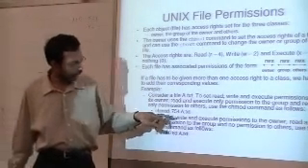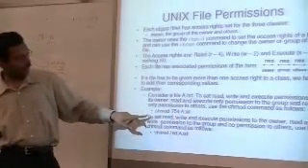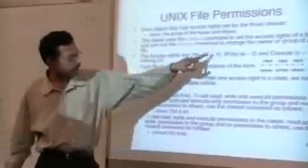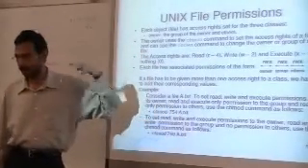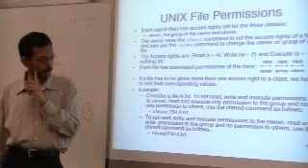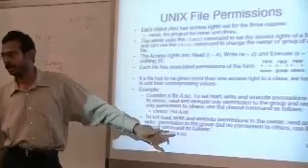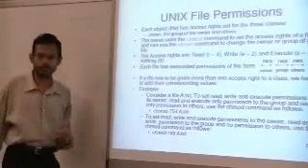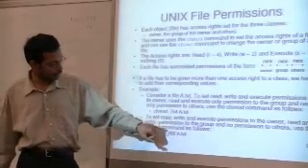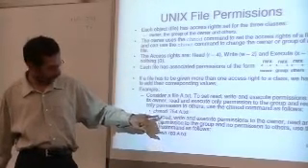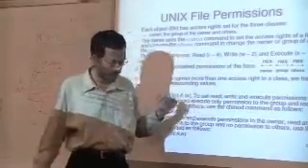If you want to set read, write, execute for the owner, 7. Read and write for the group, 4 plus 2, 6. And no permission to others, which means the others outside the group cannot do anything on the file, they get 0. Okay? So that's how it's set. One more time. If you want to set read, write, execute for the owner of the file, all the three should be there, so 4 plus 2 plus 1 is 7.